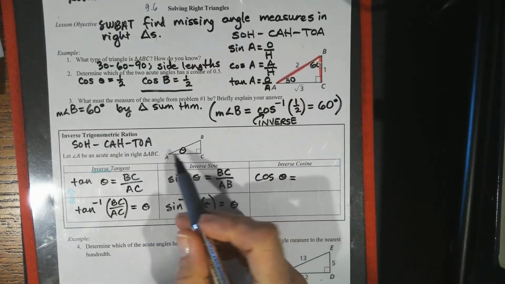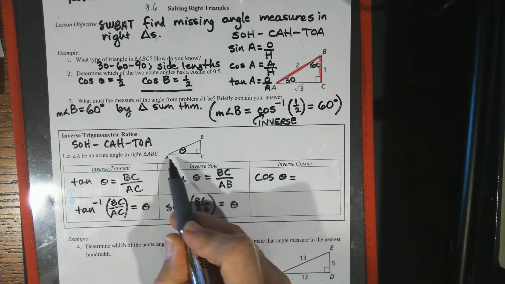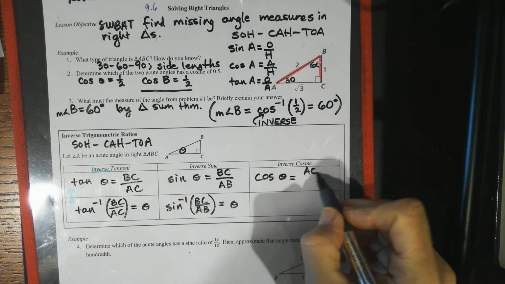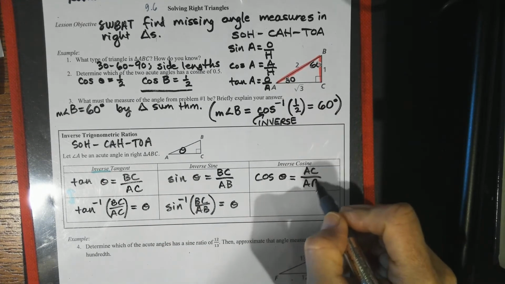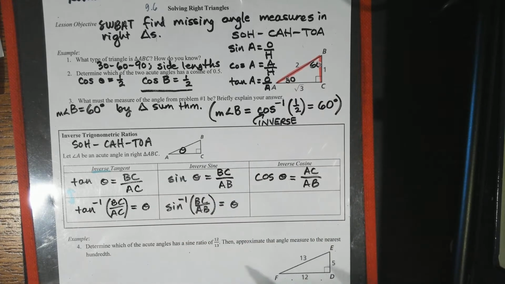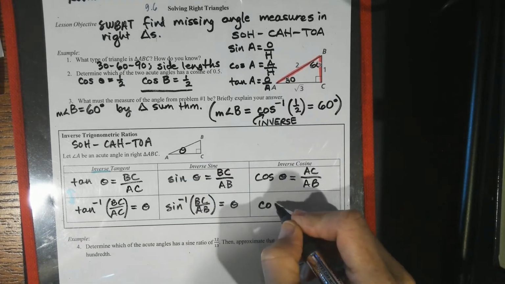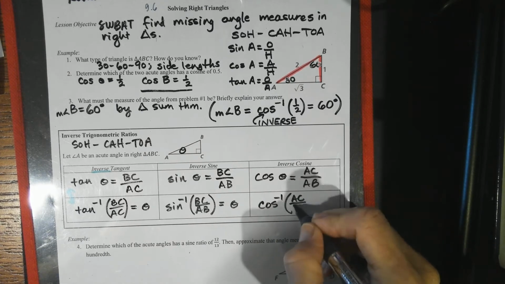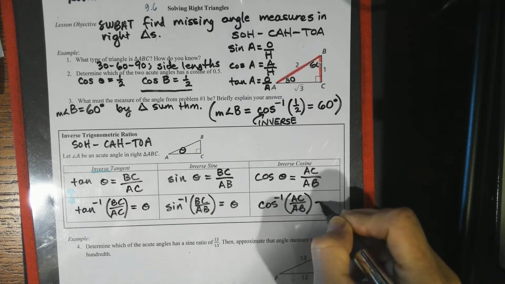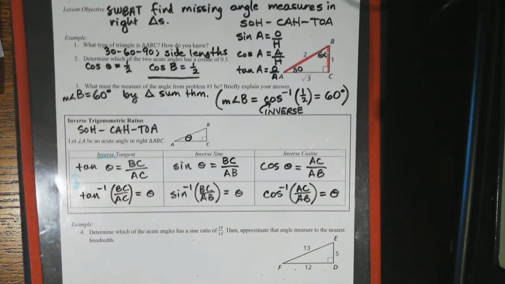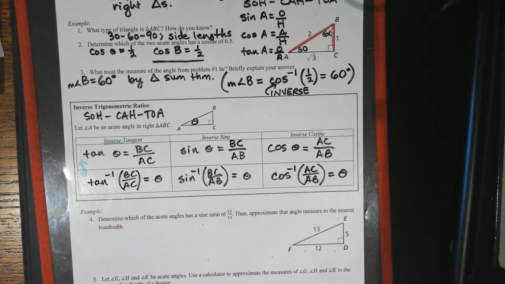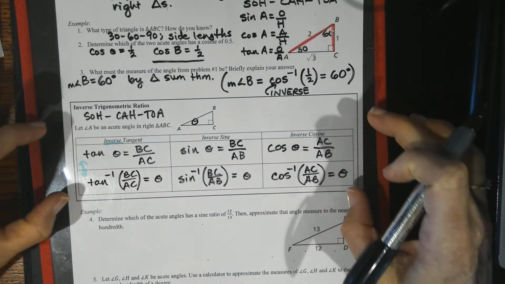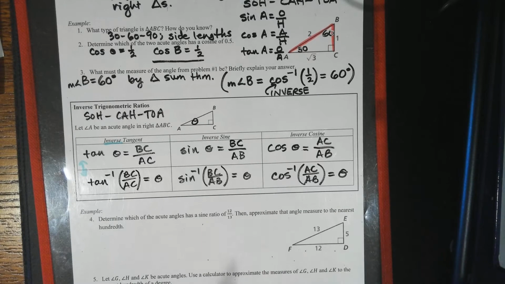And last, if I do the cosine of A, the adjacent side is AC, the hypotenuse is AB. Then if I want to find the angle, the inverse of this ratio is equal to theta. This is what we're doing today. This is how we solve a right triangle.